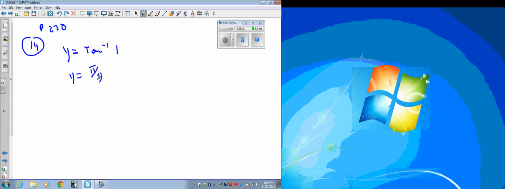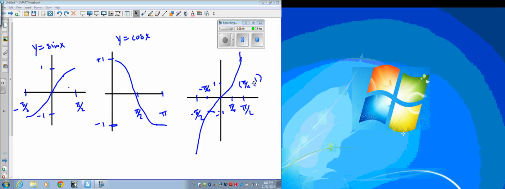I'm just going to limit the amount of things I have to learn, and I'm just going to know when I do inverse, see, it's the reverse ordered pair. I'm putting this value in and getting this value out on tangent inverse. For straight tangent, I put this value in and get that value out.